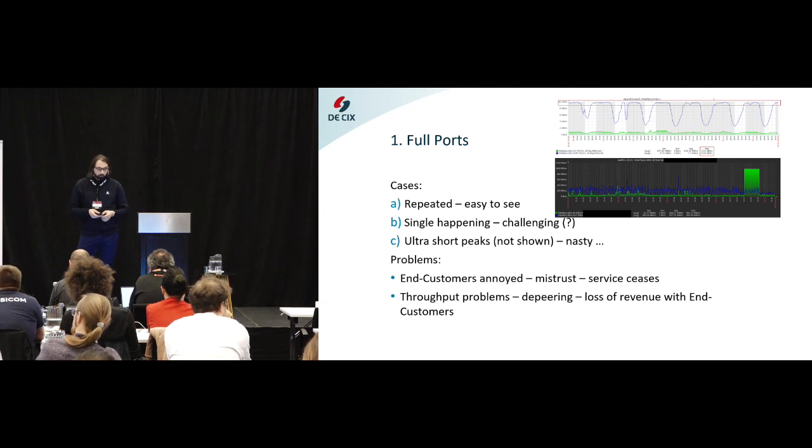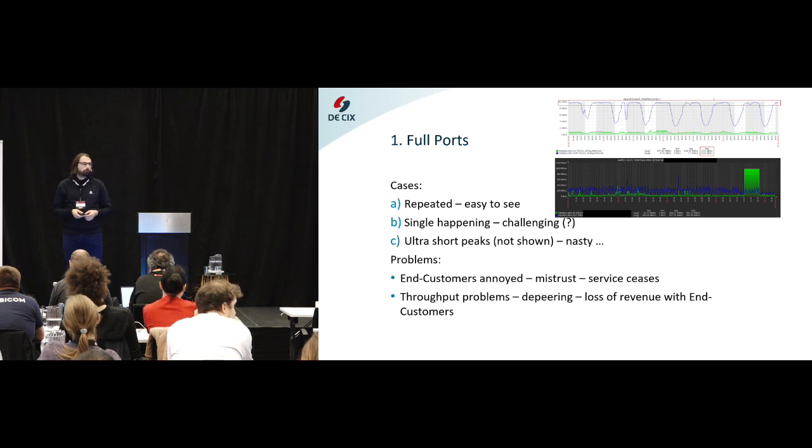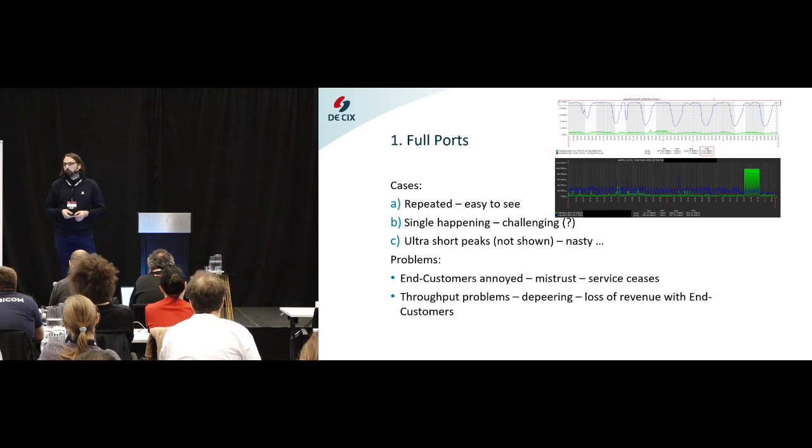But many customers are not aware of micro peaks, and that's a nasty thing, because typically a lot of these monitoring tools work with 5-minute averages. So how can you see a 10-second lasting peak in a 5-minute average? Typically it's not on the radar on many customers' sides.